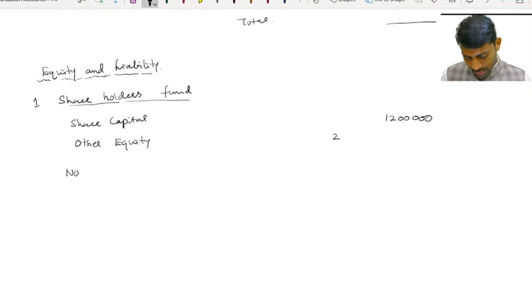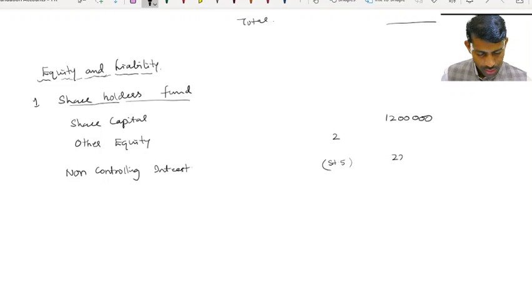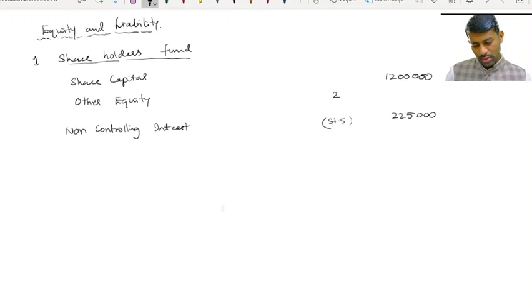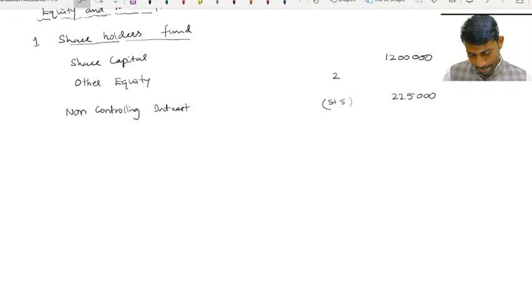Then non-controlling interest, this is step number 5, I think it is 2,25,000. Check it out.